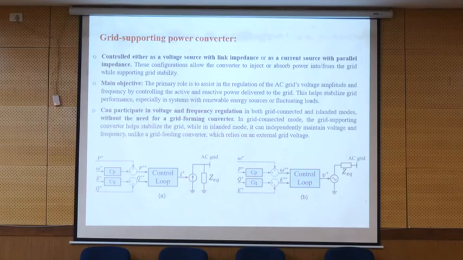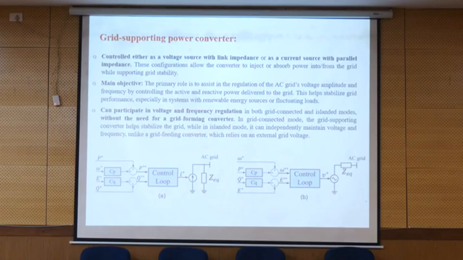So for example, we easily said that the voltage running within, I don't know, 5% is okay. But when you pass the 5%, it means that you have some problem in the reactive power of the system. So you should increase the value of the reactive power injected from the source to the grid.